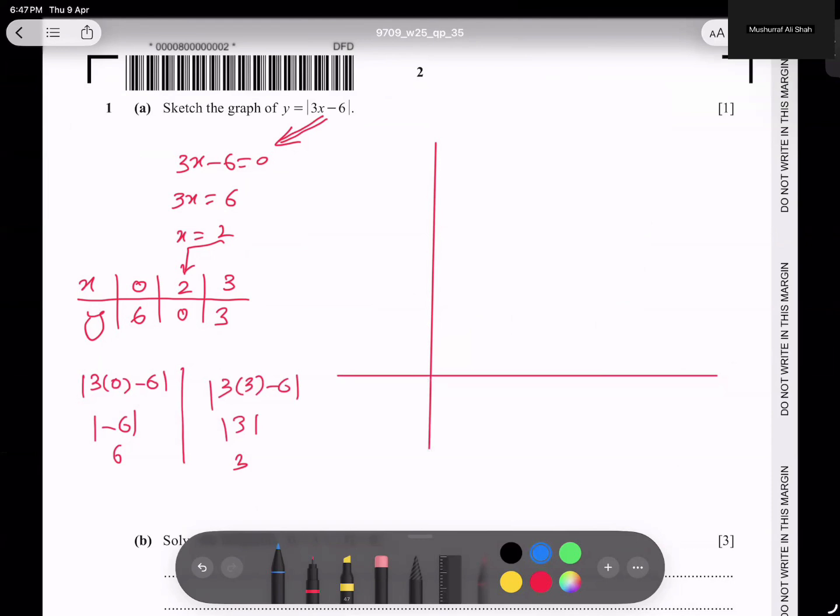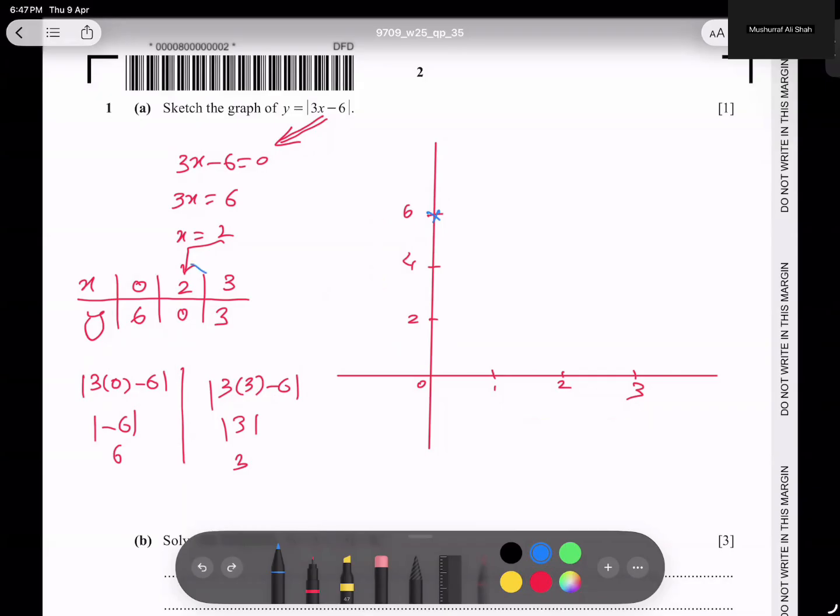So 0, 1, 2, 3 along the x-axis. Then along the y-axis I take 2, 4, 6. So first is x = 0, y = 6. I can take a different scale along x and y, that is very clear.